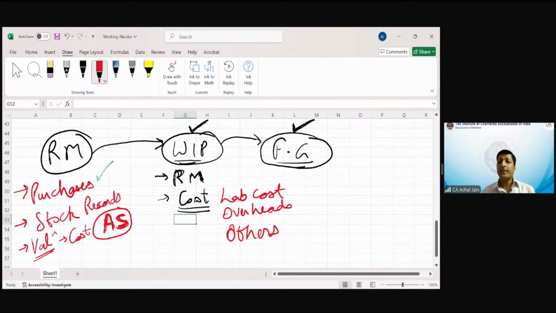Now, as an auditor, what is going to be the audit procedure? Auditor will have to audit this valuation. So what's the assertion now? We are talking about the valuation. Okay, so we are talking about the valuation.